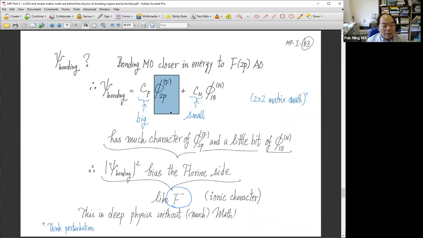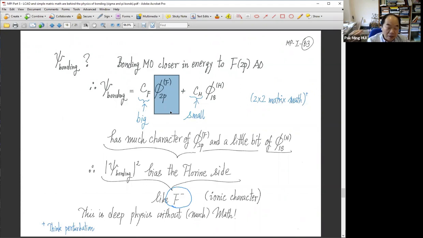Okay? Therefore, at this point, you don't need to remember or memorize things. This ionic covalent thing is not something to remember. It is a consequence of quantum mechanics calculation. It is the end result.